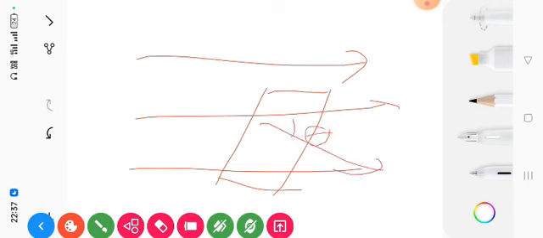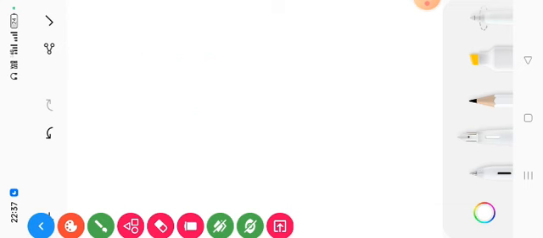The electric field is here, so the perpendicular component through this area will be E cos theta by simple trigonometry. So flux will be E A cos theta. This is flux, the amount of electric field entering through an area.